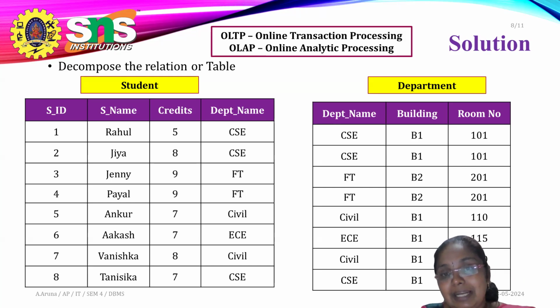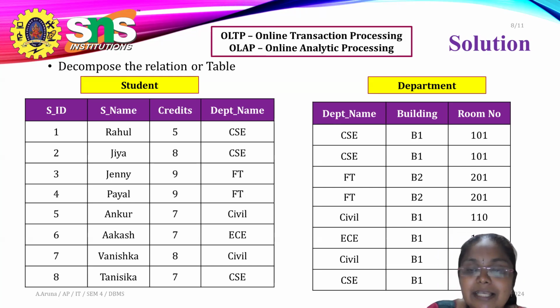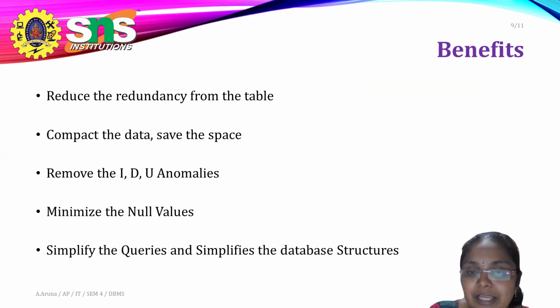That is not a problem in analytical processing, but in transaction processing we definitely should not have any redundant data. For that we go for the decomposition of our relation. Through decomposition, redundant data can be removed and all your anomalies can be removed. For that we are using normalization.